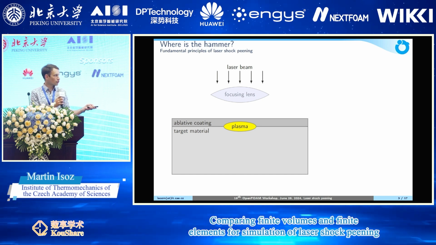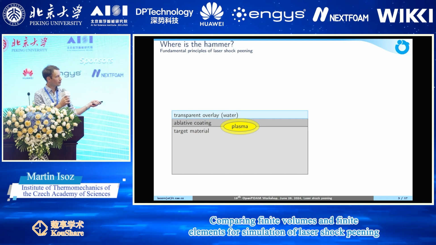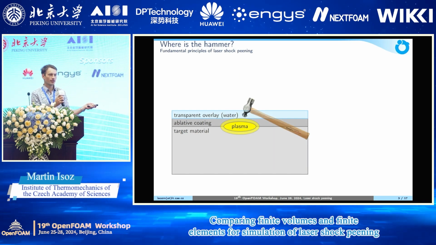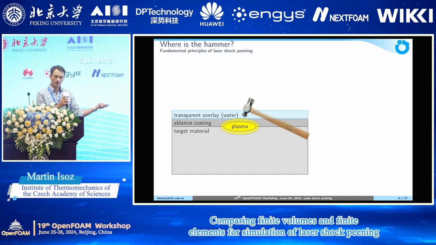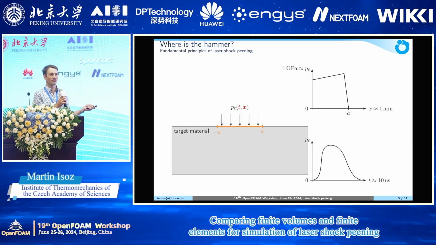We need to confine the plasma energy close to the material surface, so we put water on top of it, and this is basically our hammer. The expanding plasma is the hammer, and in our simulations, it's just a pressure boundary condition.